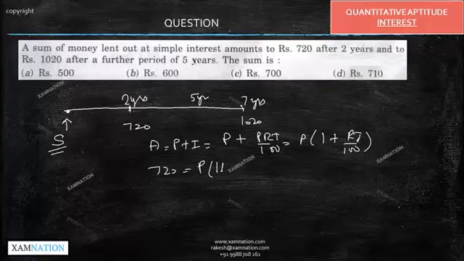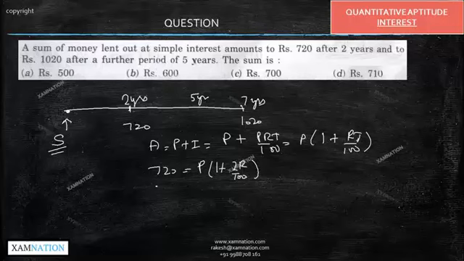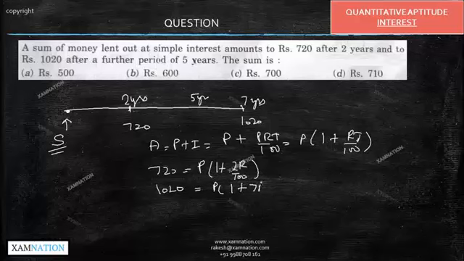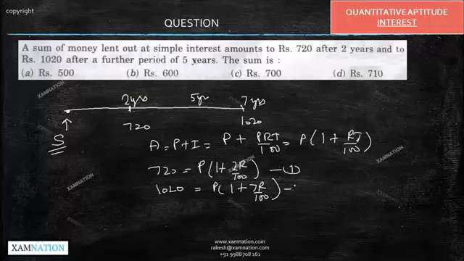So P times 1 plus 2R upon 100 is 720. For the second case, the amount is 1020, P we don't know, the time we know is 7, and R we don't know. So these are two equations, and we have two variables P and R.